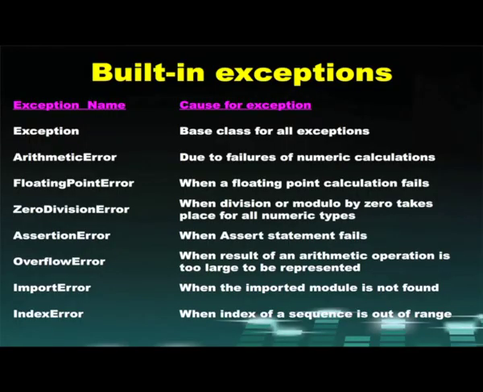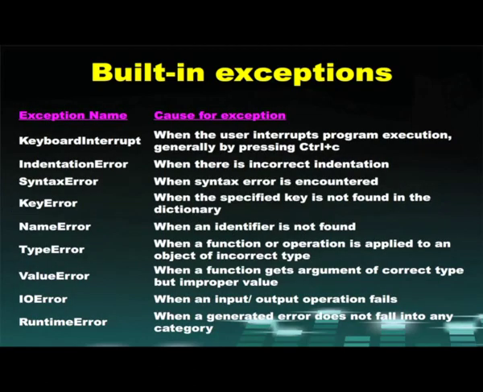A table which lists the set of built-in exceptions supported in Python can be seen over the console. Here you can see the list of exceptions and the reasons why these exceptions occur. Again a set of exceptions along with the cause for the exception.